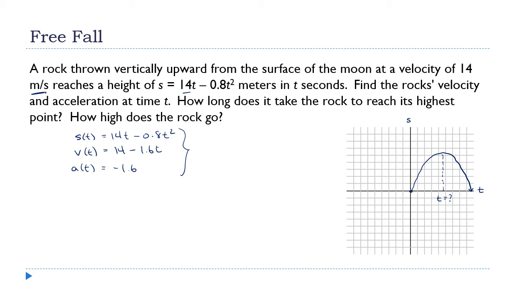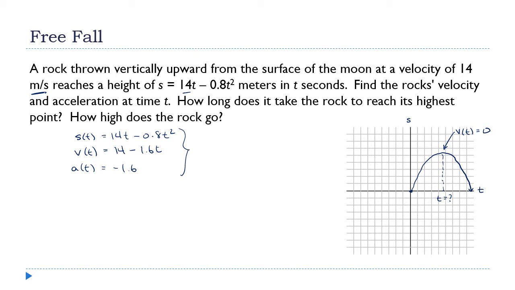As it goes up, gravity is pulling it back and slowing it down. So as it gets higher, it gets slower until eventually it stops and gravity wins and the object starts getting pulled back down. So at this apex, this vertex of our parabola, the velocity is 0.